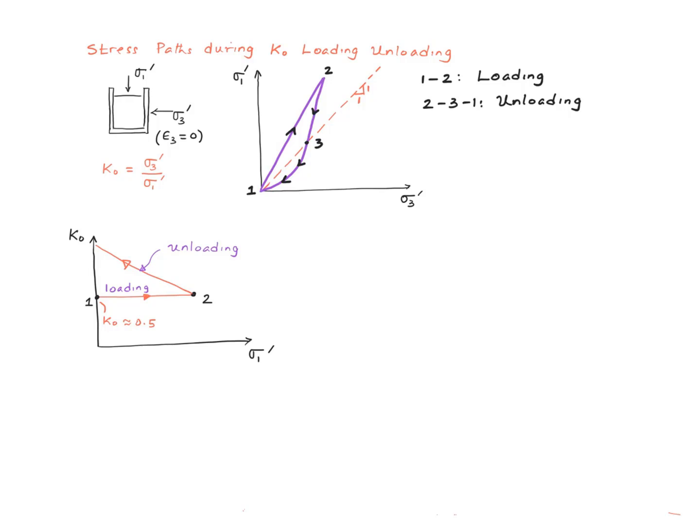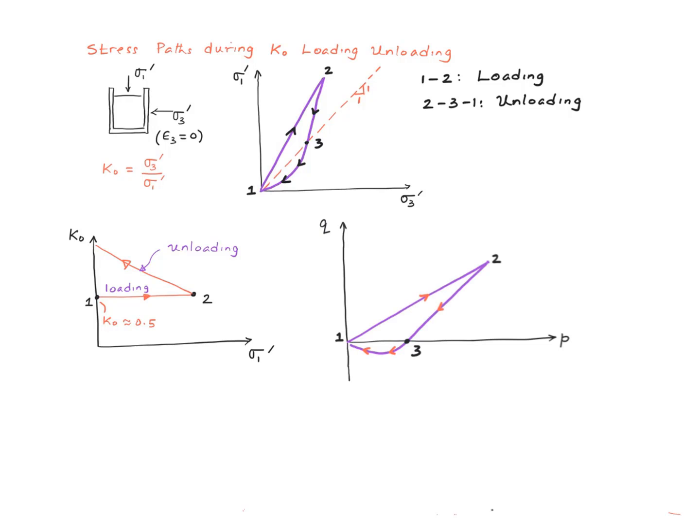So what we are seeing is, while K naught is a constant for a normally consolidated soil, regardless of the existing stress, the value of the K naught for an over-consolidated soil depends on the over-consolidation ratio. At this point, the over-consolidation ratio is 1, but then it just keeps increasing, right? And we know K naught also keeps increasing. So it could be as high as 1 or even greater than 1.